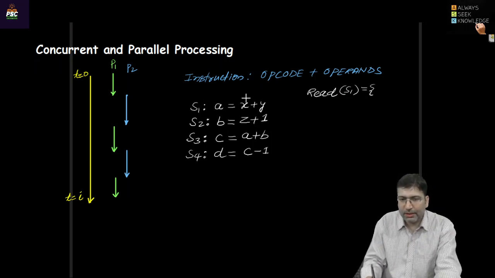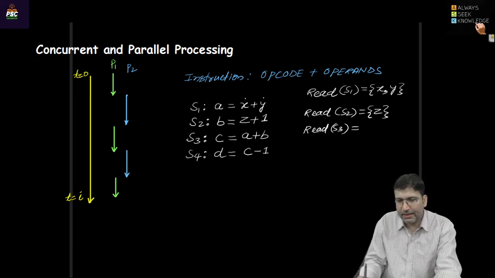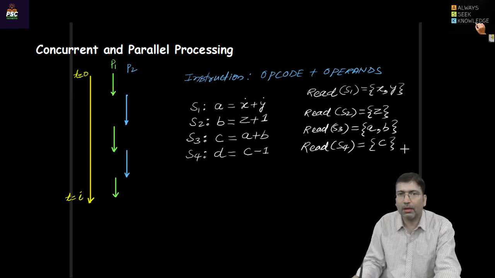In S1, we are reading the values of X and Y, so the read set of S1 has X and Y. The read set of S2 has variable Z. The read set of S3 reads variable A as well as variable B. And the read set of S4 reads only one variable, C.